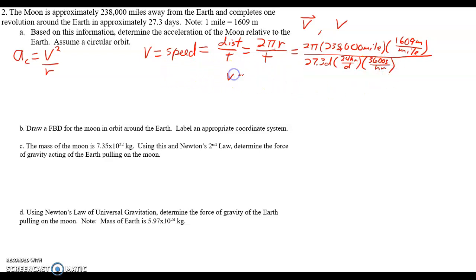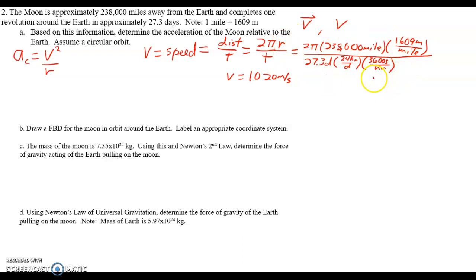And so we get a v of 1,020 meters per second. You might want to break this down into parts, calculating the distance and the time separately in your calculator. You can certainly do it all at once.